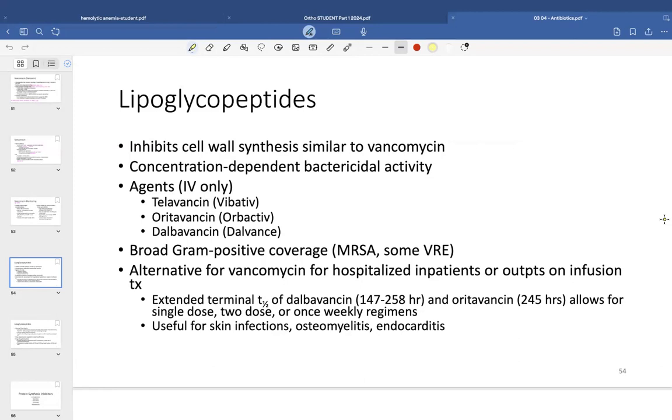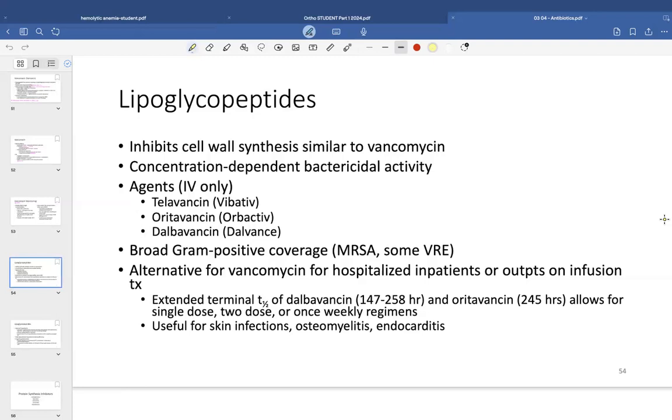The main role that I've seen, particularly for dalbavancin, is when you have someone threatening to leave AMA, or you just want to give them a one-time infusion without necessarily admitting them from the ER. It allows you to give an IV drug with a long terminal half-life so that it does not require repeat dosing, at least in the outpatient setting.